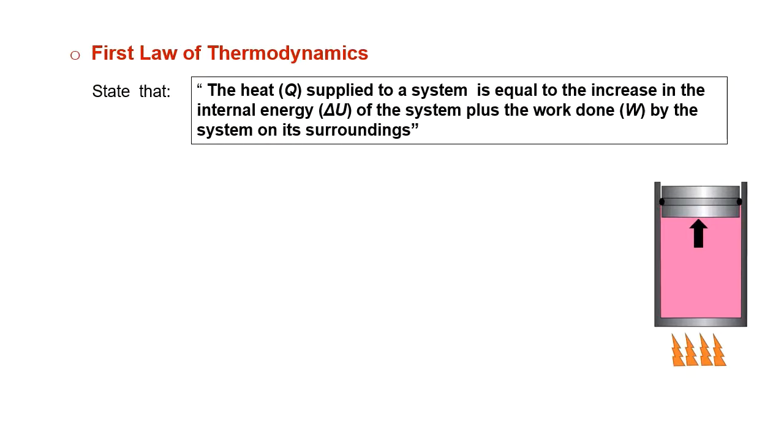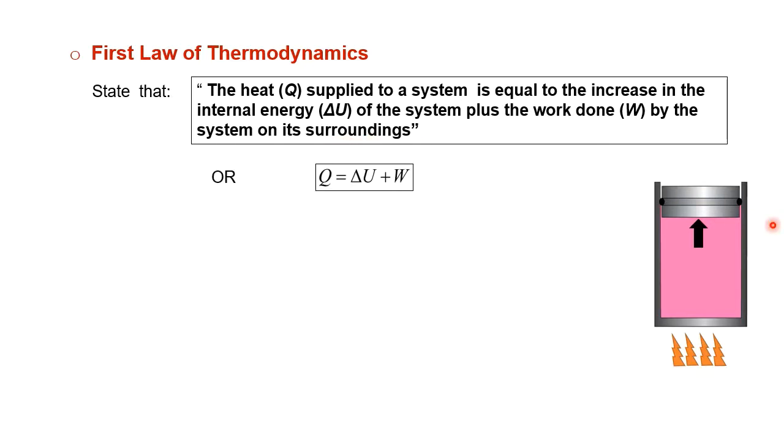Now let us have a look at the definition of the first law of thermodynamics. It states that the heat supplied to a system is equal to the increase in internal energy of the system plus the work done by the system on its surroundings.